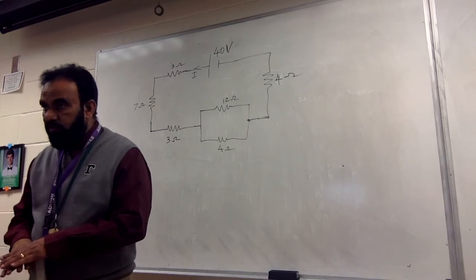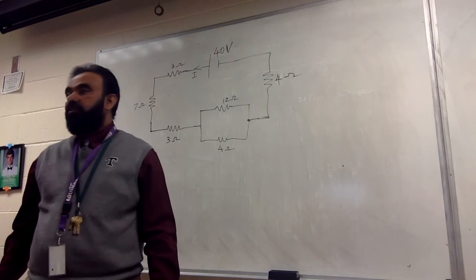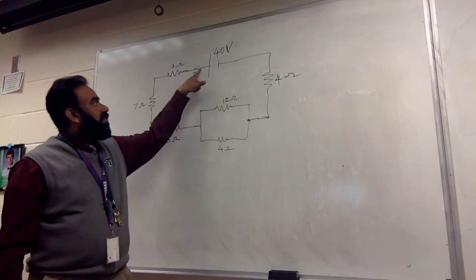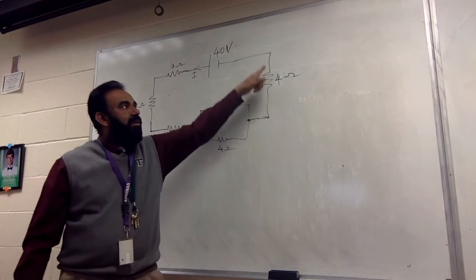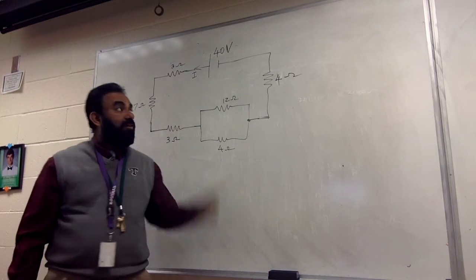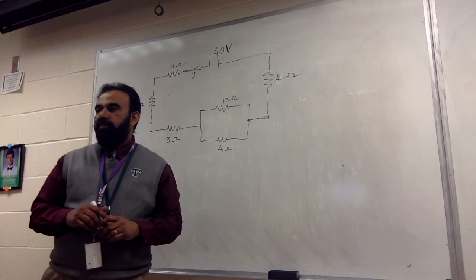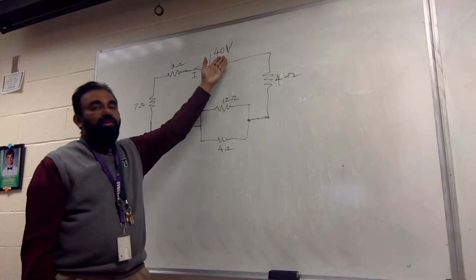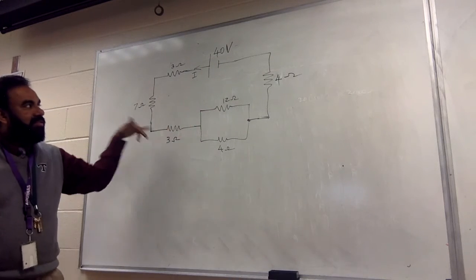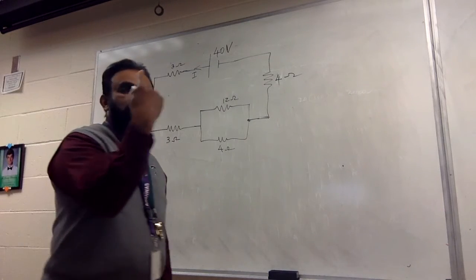No, it will look at everything, which means the equivalent resistance of the entire circuit. In other words, what is one resistance I can put instead of all of these? That's called equivalent resistance. Find that out. Once you know the equivalent resistance, then you know 40 volts is applied, then you can find the current. So can you find the equivalent resistance of this circuit? That's your first job. I'll give some time.